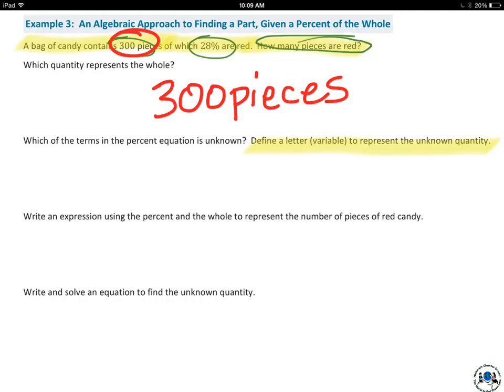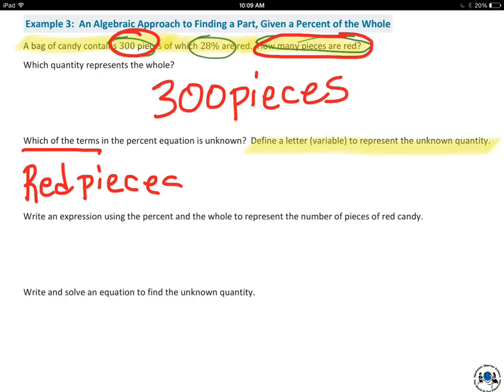Well, we've already recognized the unknown as being how many of the pieces are red. So red pieces is our unknown, and I'm going to assign a variable R for my red pieces.